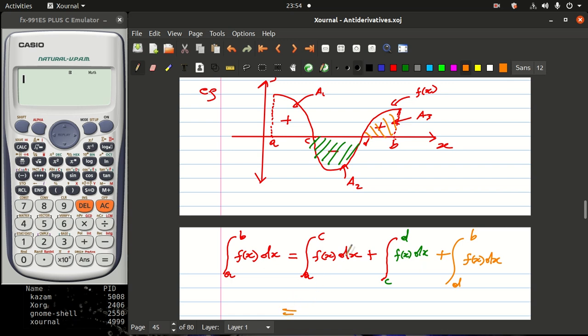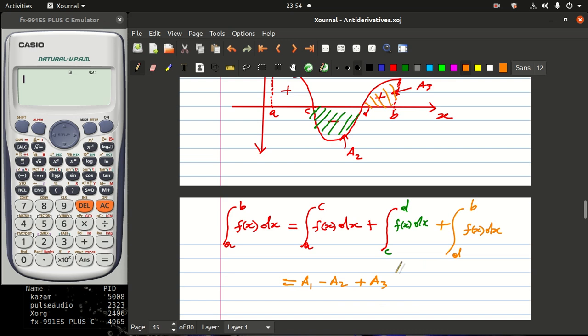What I want you to notice about this definite integral is this area here, which is going to be the same as a1 plus, and when you look at this area here, I want you to realize that you are having a negative area, so you have a minus a2, and then this one is going to be positive, so we'll have a3.